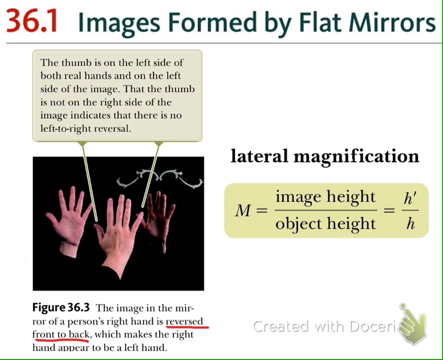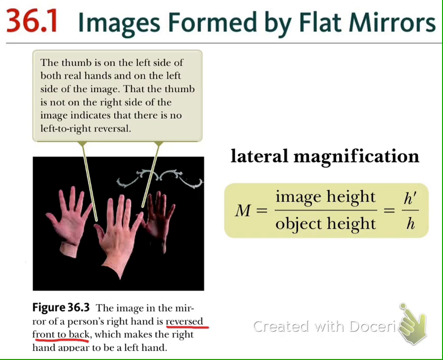When you look at the mirror, if you look at your face, if you look at your hand, you can see your hand, but it's reversed. If you look at the image of a character in the mirror, you can see that it's inverted. But sometimes someone thinks that it's inverted left to right or right to left, but it's not left to right, it's front to back, right?